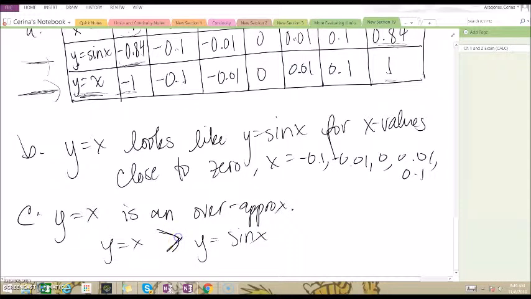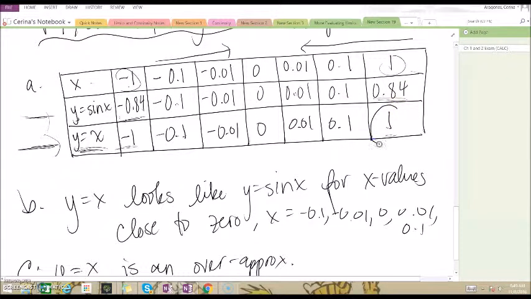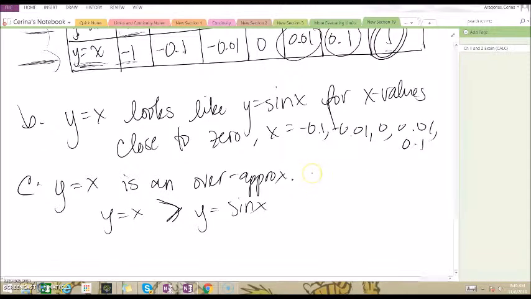So clearly, it's greater than sine of x here. And it's actually greater than sine of x here and here. So y equals x is an over approximation at x greater than 0.